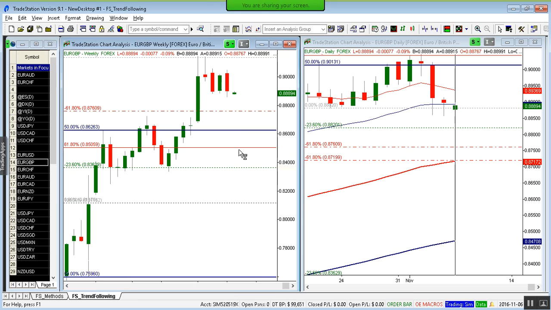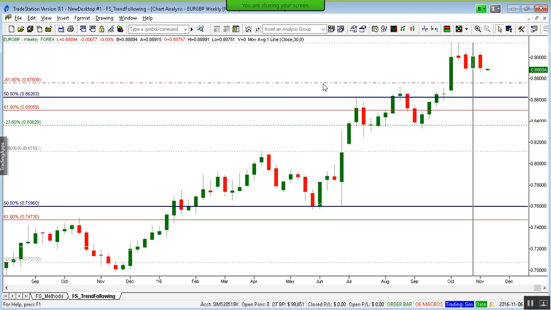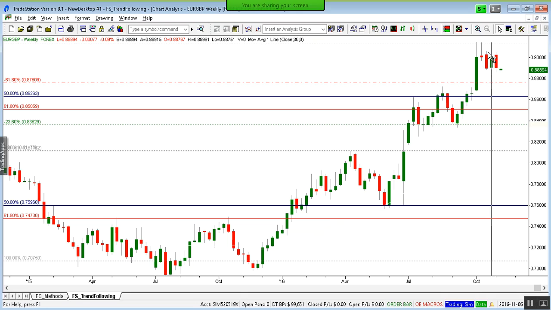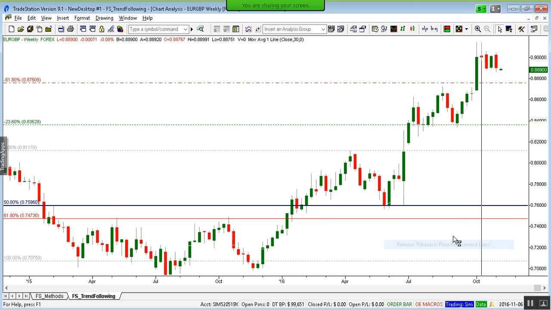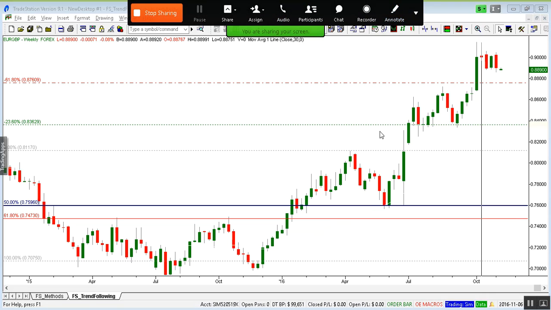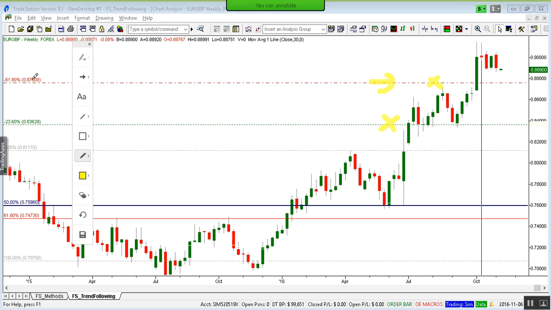Euro versus pound here, this market actually started that correction that we have been looking for now for over 4 weeks after we saw this move here. The reason why we're looking for a correction is also because this market is very well extended. It's well above its second target that was here at 87.60.